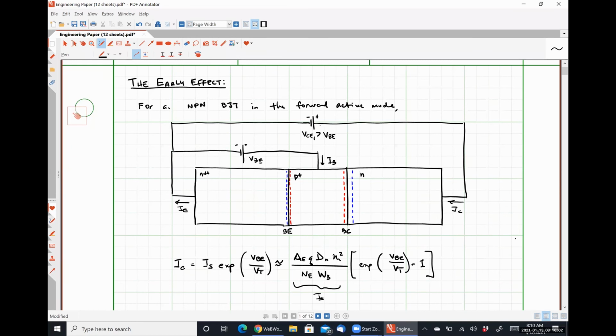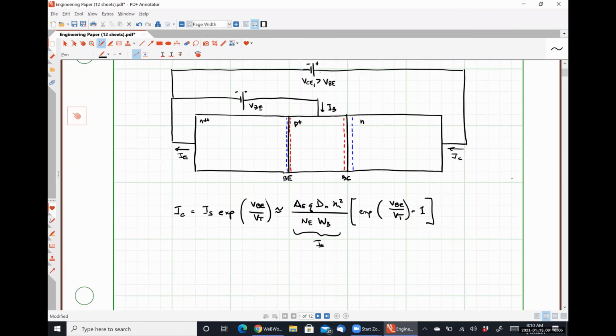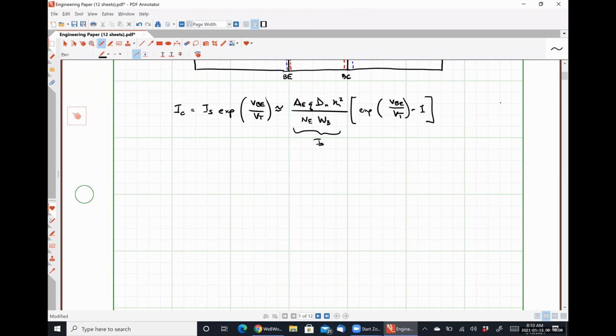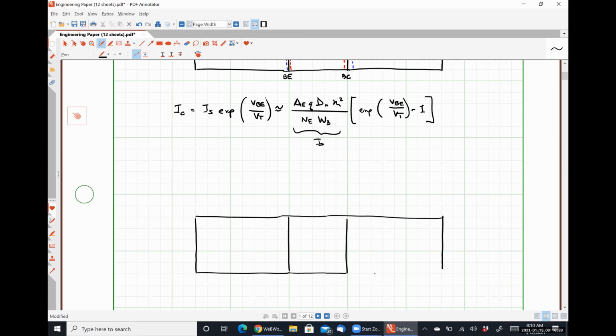All right. But if we increase VCE, what is physically happening inside our system?